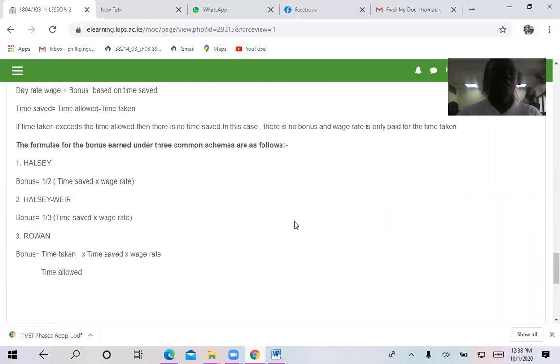For Halsey-Weir, we have bonus equals one third into brackets time saved times wage rate. The difference is only the fraction. Then for Rowan, bonus equals time taken times time saved times wage rate over time allowed.